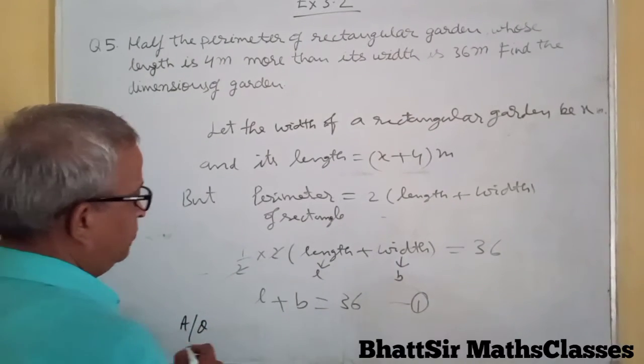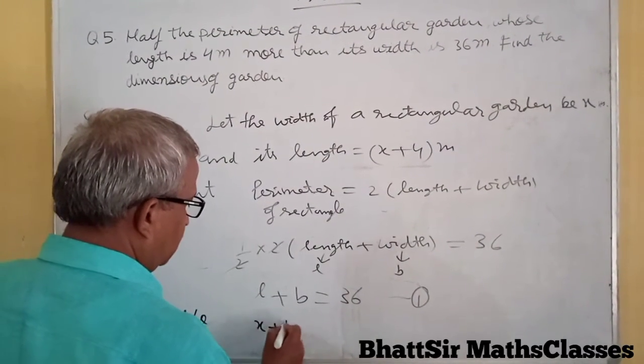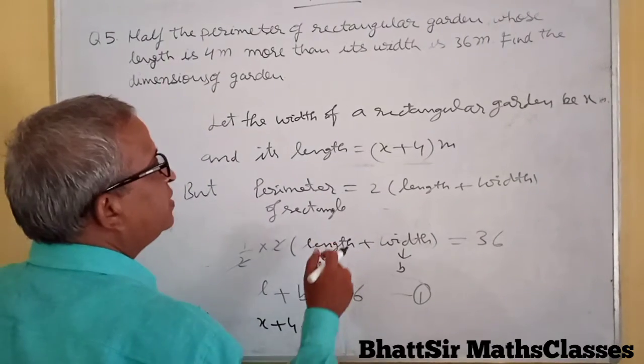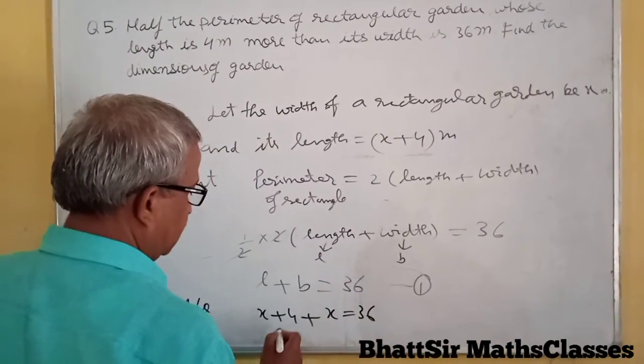According to the question, length will be x plus 4, plus breadth x, equal to 36.